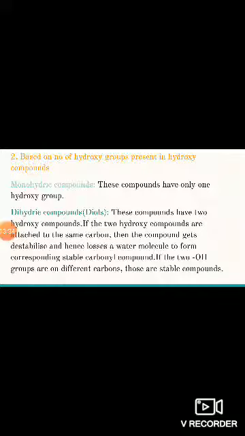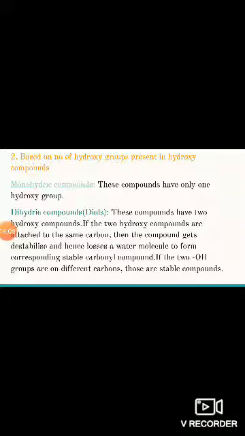Gem diols are generally obtained from the hydration of carbonyl compounds. These are unstable compounds, because if the carbon is attached to two hydroxy groups, it easily loses one water molecule to form the corresponding carbonyl compound from which it was obtained. So gem diols are generally unstable.